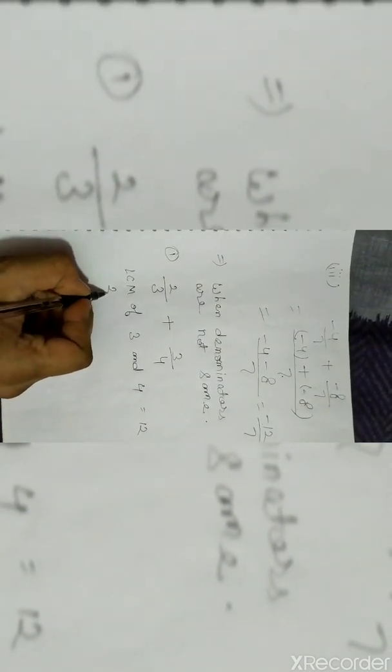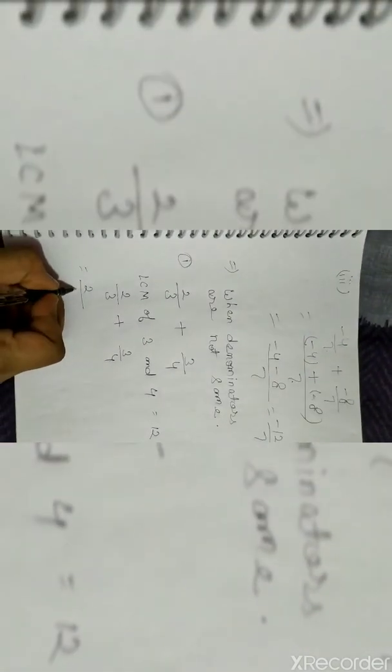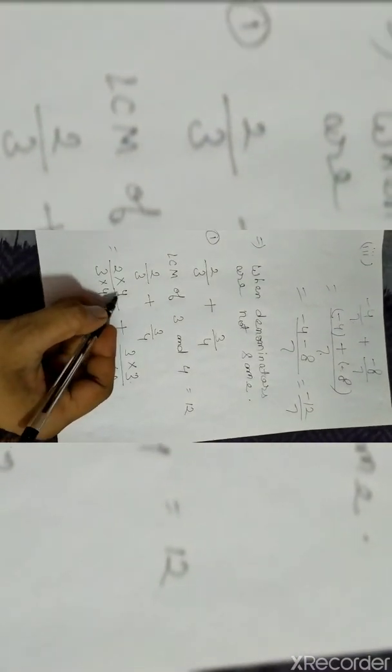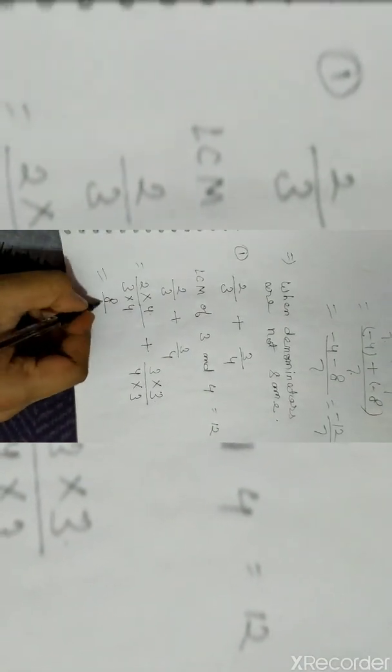So 2 by 3 plus 3 by 4, convert the denominators into the LCM as the common denominator of both numbers. 3 into 4 is 12, so the numerator also multiplies with 4, giving 8 by 12. And 4 into 3 is 12, so the numerator also multiplies with 3, giving 9 by 12.